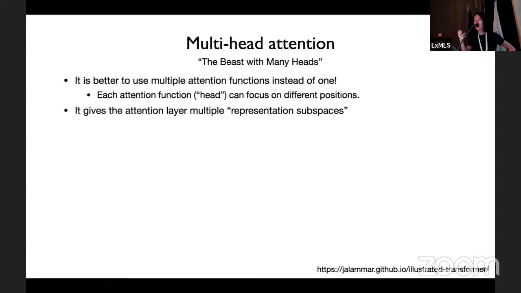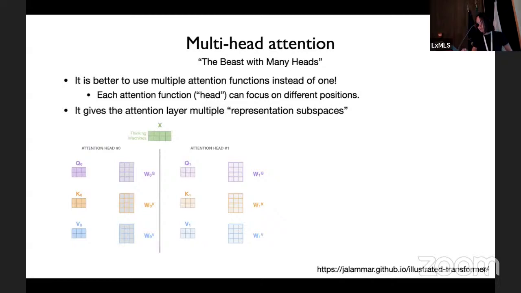It also gives these attention layers multiple representation subspaces. So essentially, it's always better to do more. It allows the attention function to focus on different parts of the positions in the different heads in this attention layer.